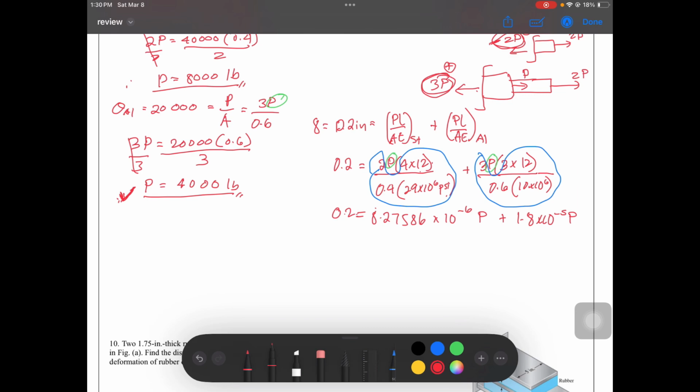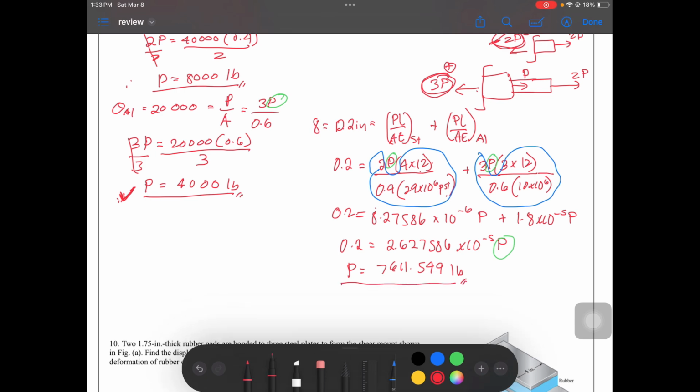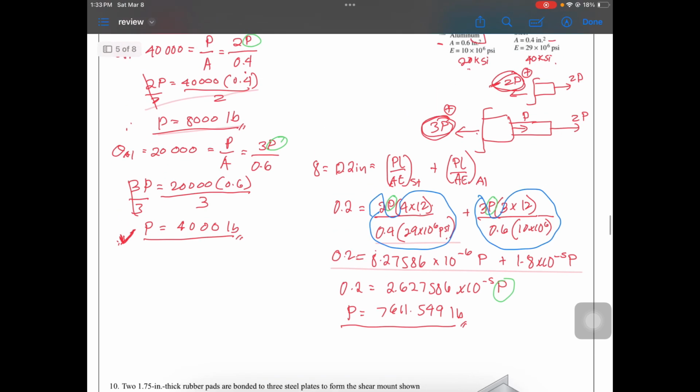So, pagsamahin natin yung P na yan, plus 8.27586 times 10 raised to negative 6. So, this is 0.2, 2.62756 times 10 raised to negative 5 P. So, let's isolate P. P is equal to so, this is yung P para hindi ma-exceed yung limit naman ng deformation.